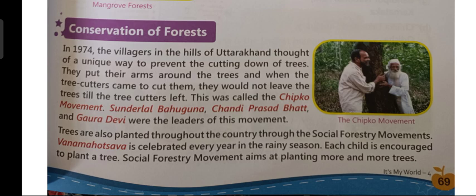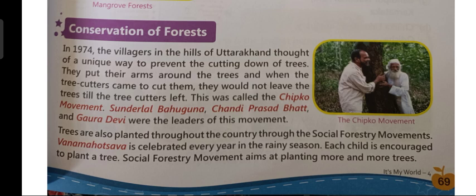Now, children, there are some social forestry movements through which trees are planted in our country, like the Van Mahotsav. Van Mahotsav is a social forestry movement, and on this day, we are encouraged to plant more and more trees.